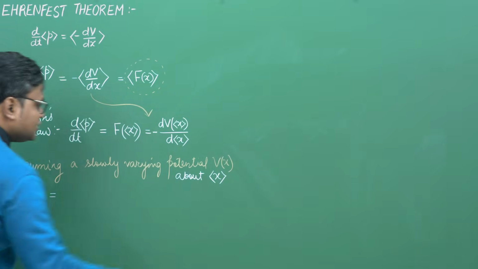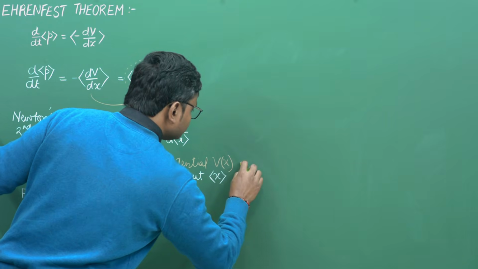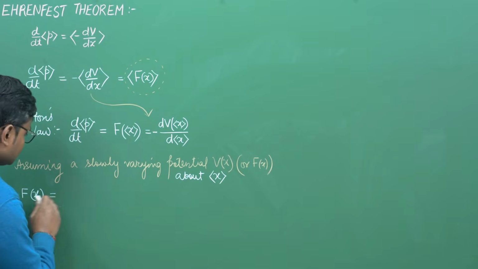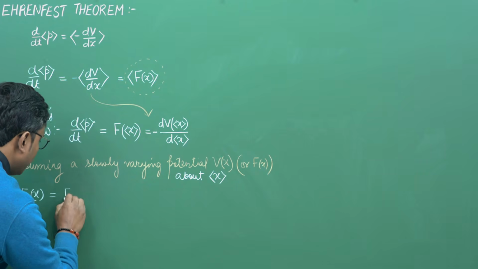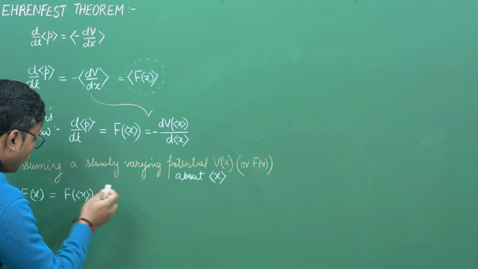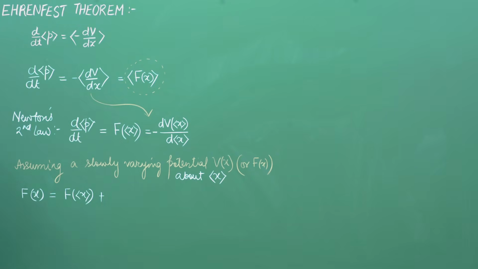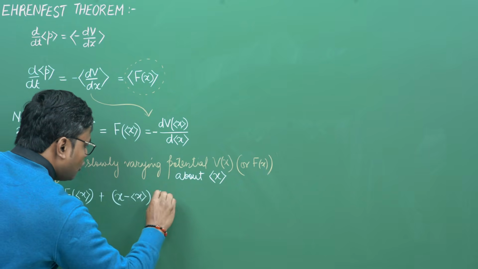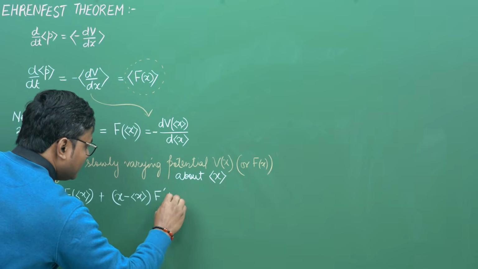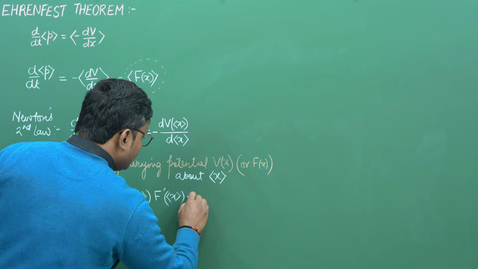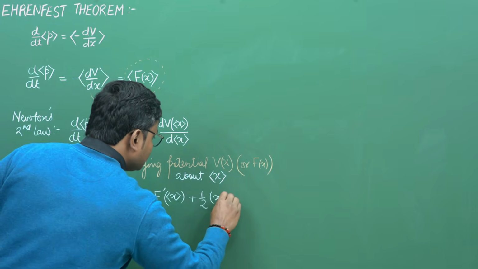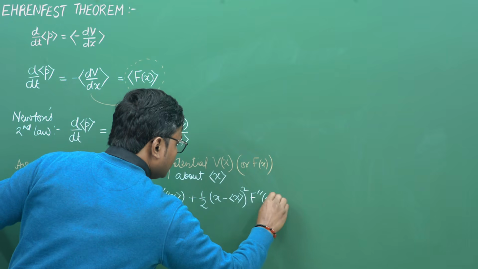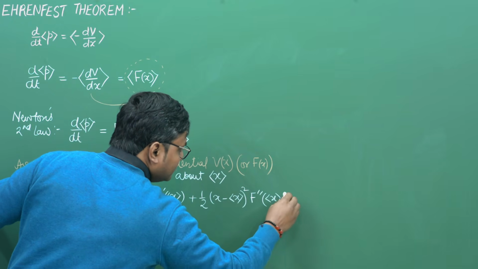So if I expand the slowly varying potential or force F(x) around the expectation value of x, this gives us F at x naught, plus (x minus the expectation value of x) times the first order derivative of F at the expectation value of x, and then plus one half (x minus the expectation value of x) squared times F double dash at the expectation value of x.